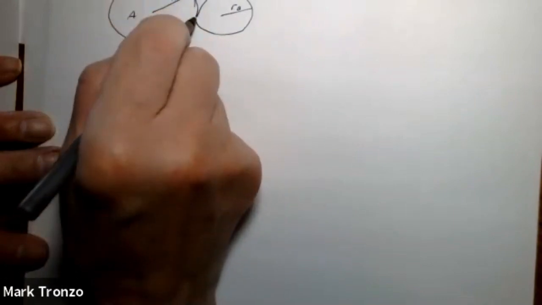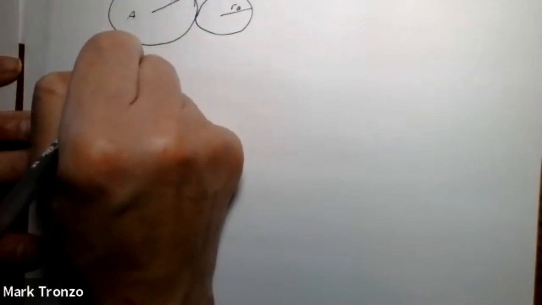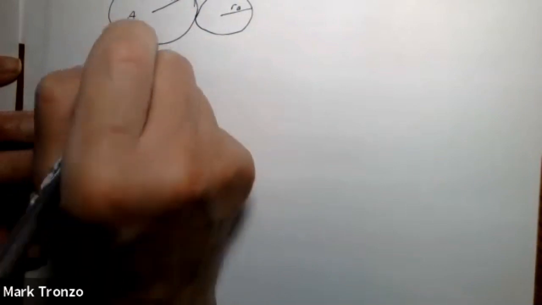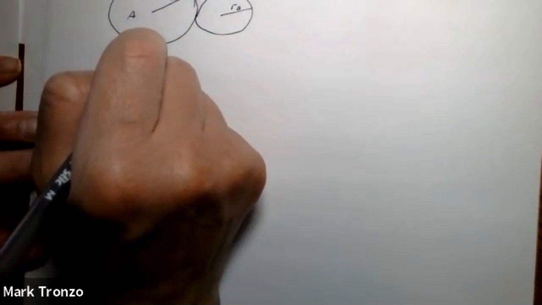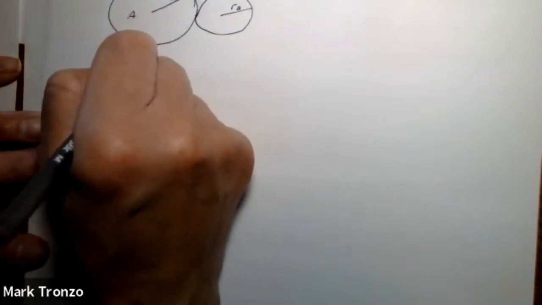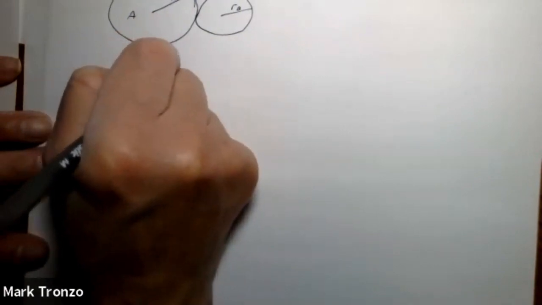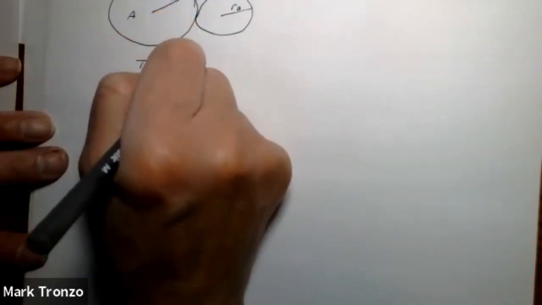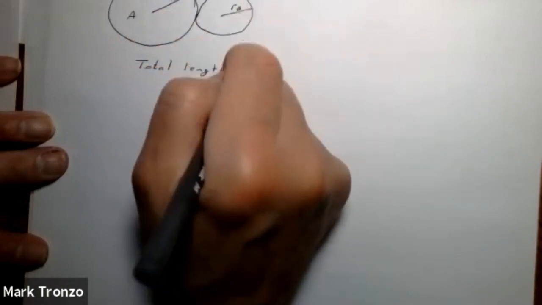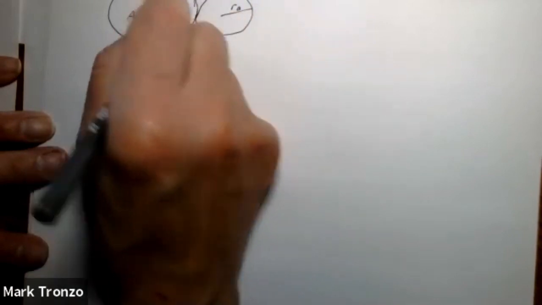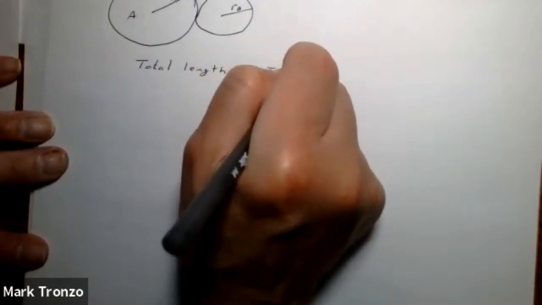So this one is going to turn for one revolution. Let me see, am I saying that right? So the total length for A is going to be equal to the total length of B.